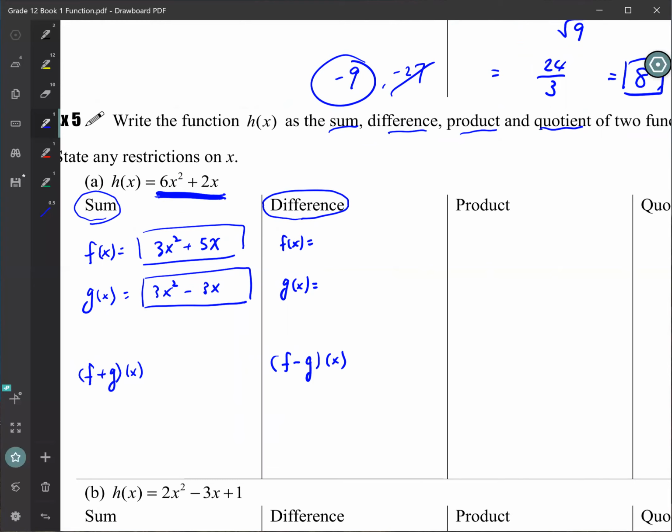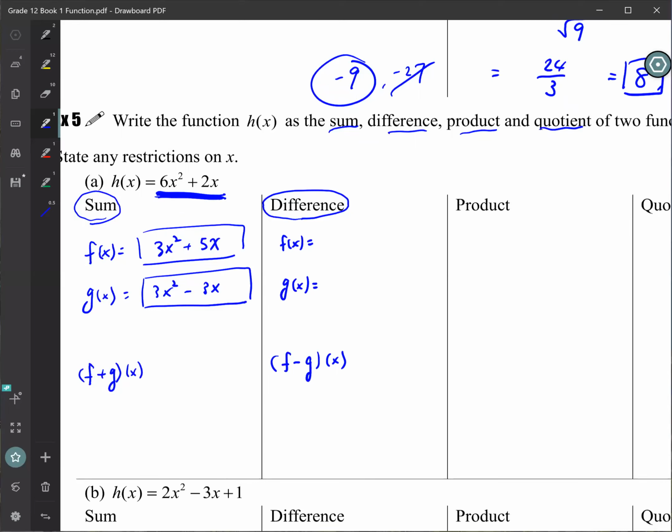Oh, I use the f(x) and g(x) for the sum and solve the difference for that. But then that difference, would it be the same? I don't know. Well, what's your f? Let's check. What's your f of x?